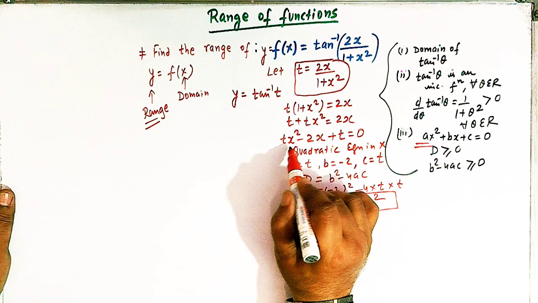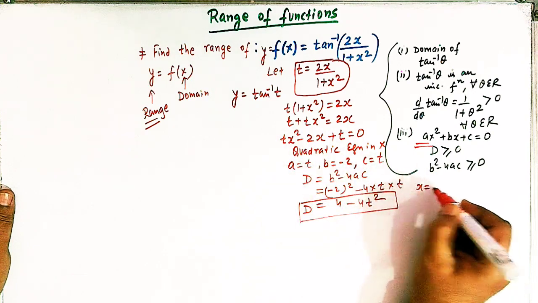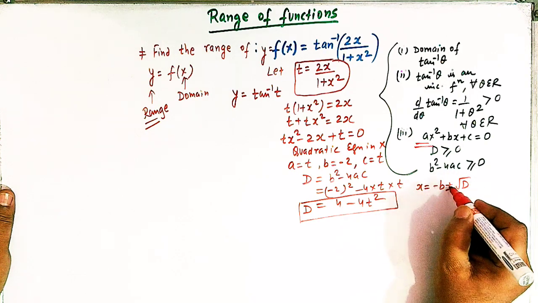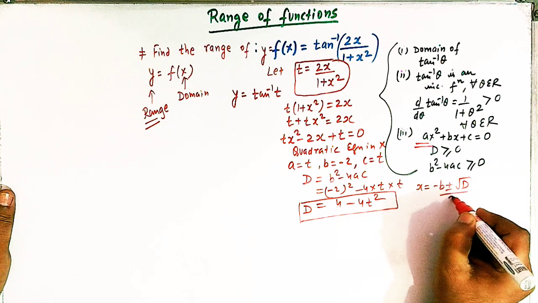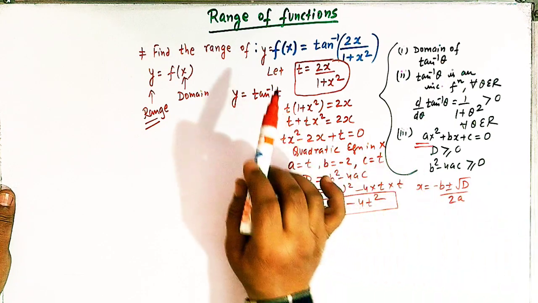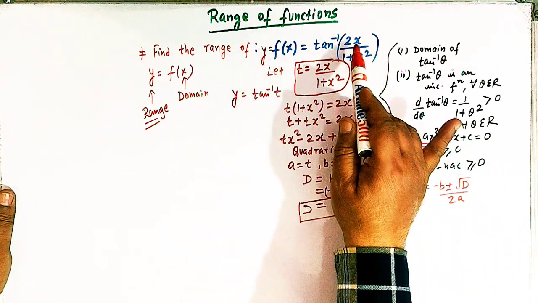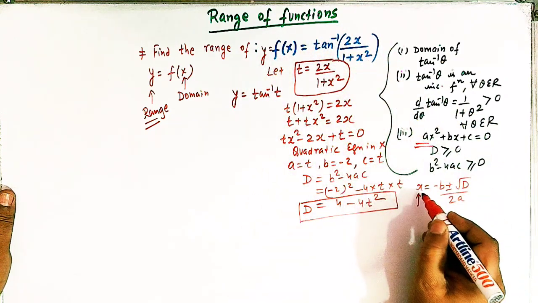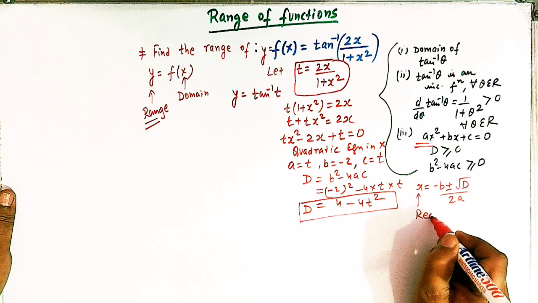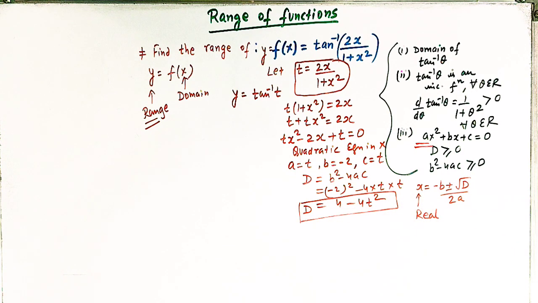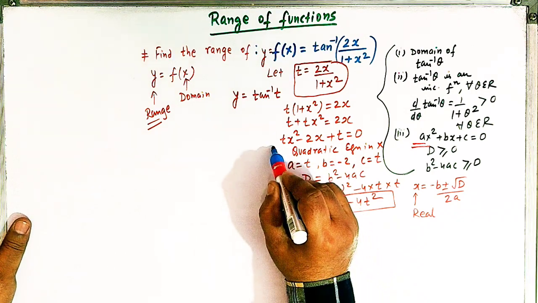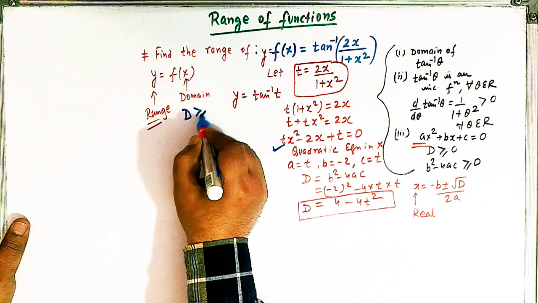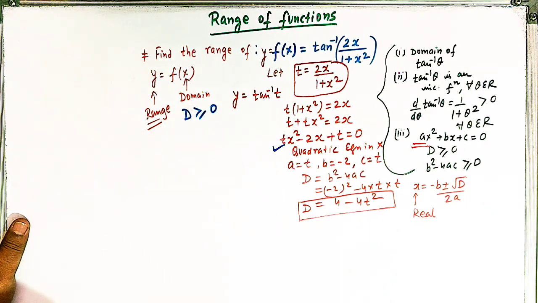Now here the value of x can be given by the quadratic formula, that is minus b plus minus square root of d over 2a, and we can easily see that the domain of this function, that is the values of x, are all real, because this quadratic equation has real roots, and for real roots we have d greater than or equal to 0, right?